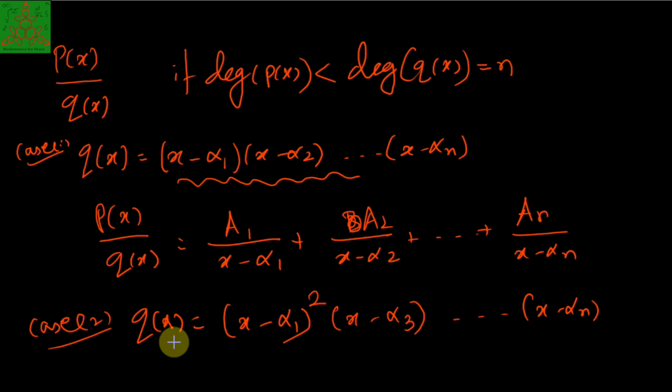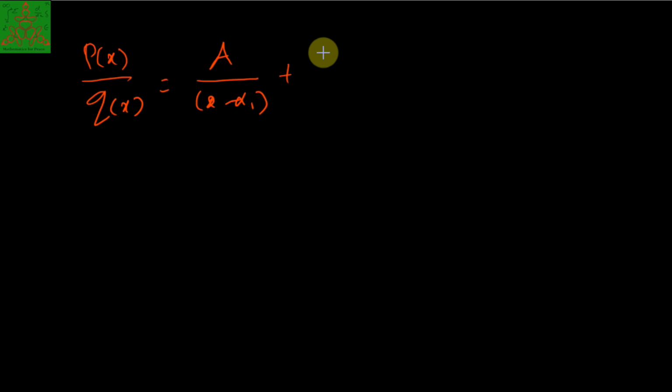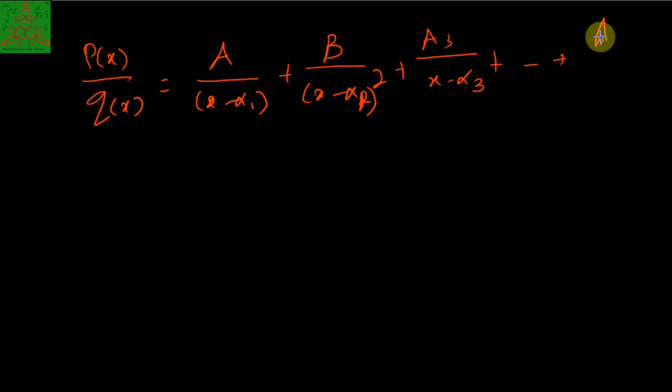Then you have to write your rational function as a upon x minus alpha 1 plus b upon x minus alpha 1 squared plus a3 upon x minus alpha 3 up to an upon x minus alpha n, as it is.